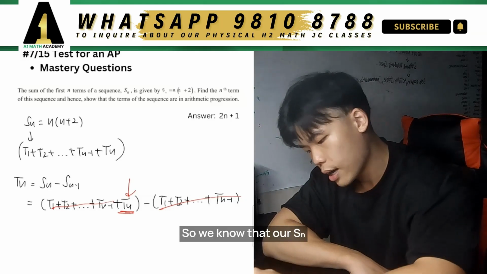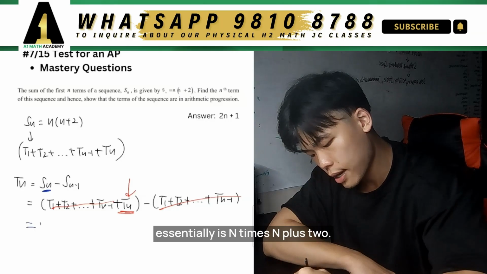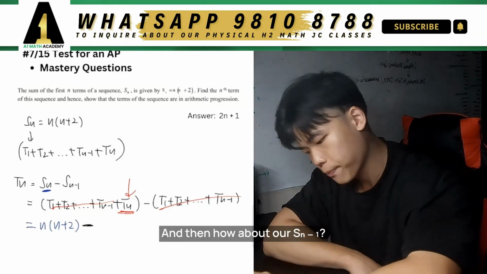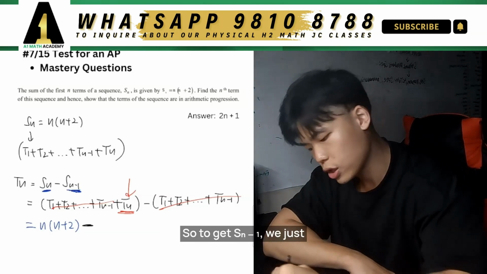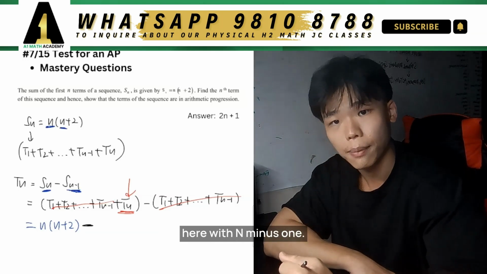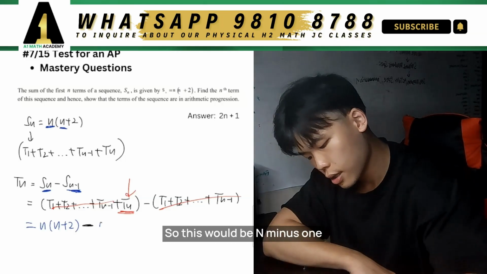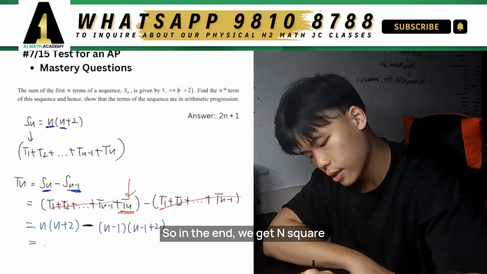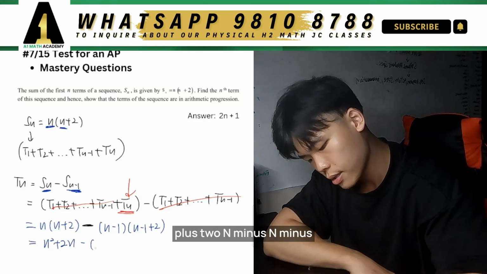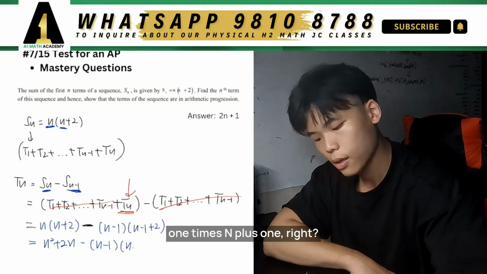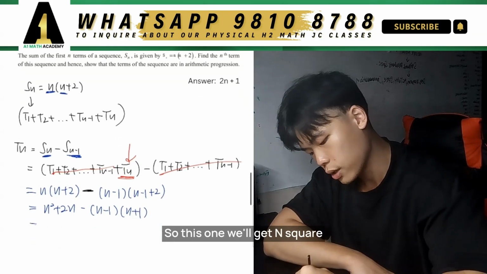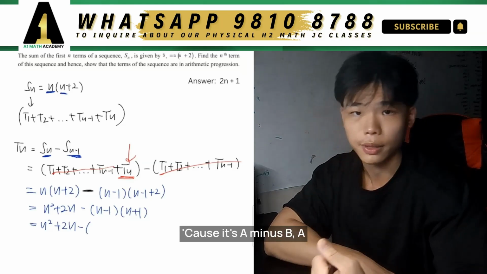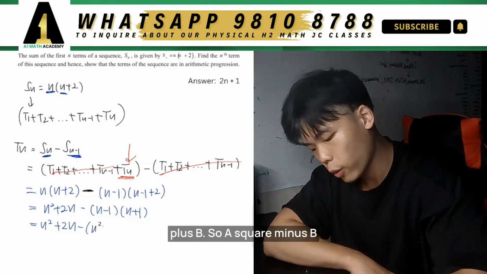So we know that our Sn is n times n plus 2. And then how about our S(n minus 1)? To get S(n minus 1), we just need to replace the n with n minus 1. So this would be n minus 1 times n minus 1 plus 2, which is n minus 1 times n plus 1. So we get n squared plus 2n minus (n squared minus 1), because it's a minus b, a plus b, so a squared minus b squared.